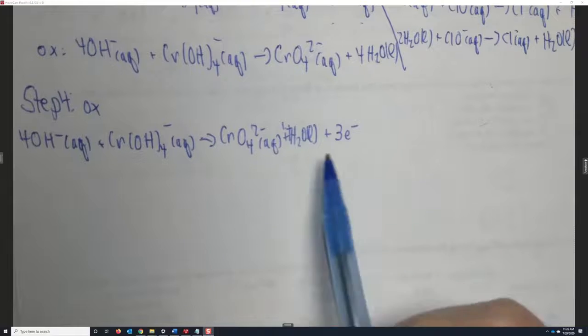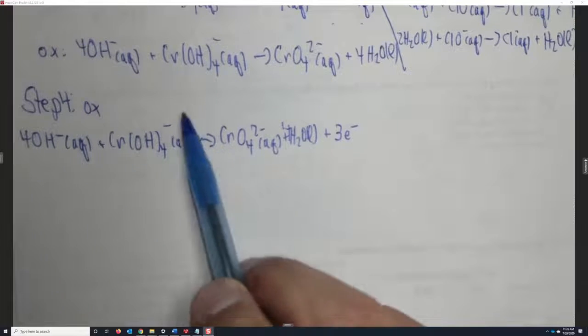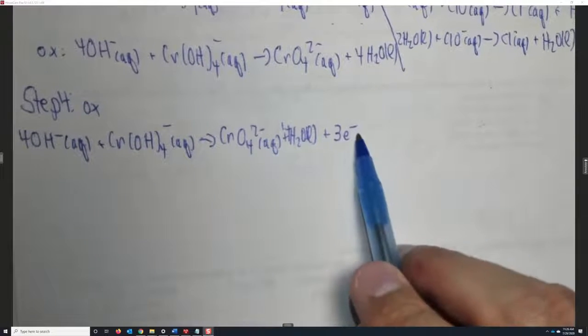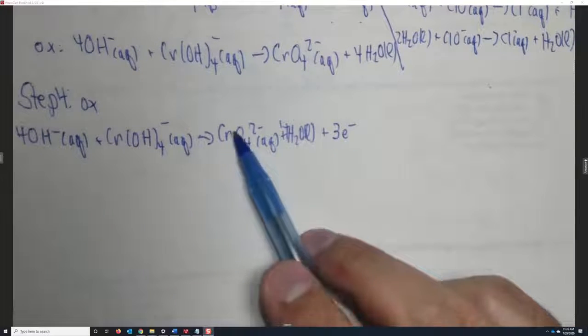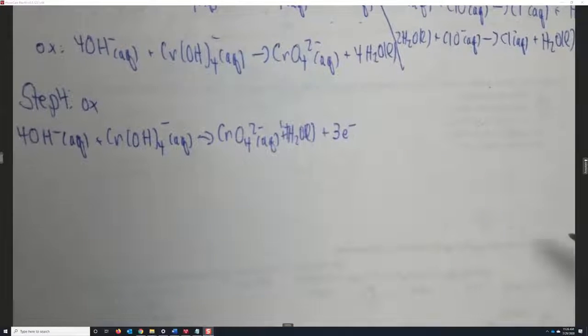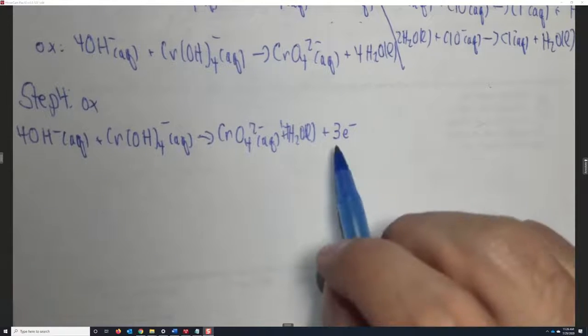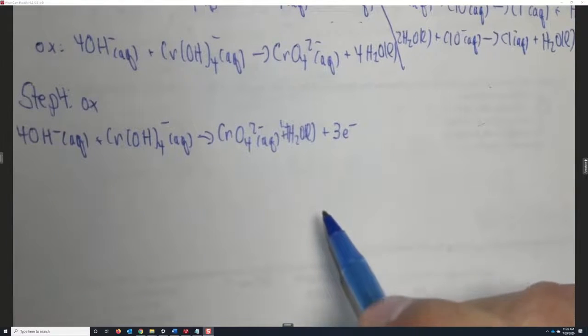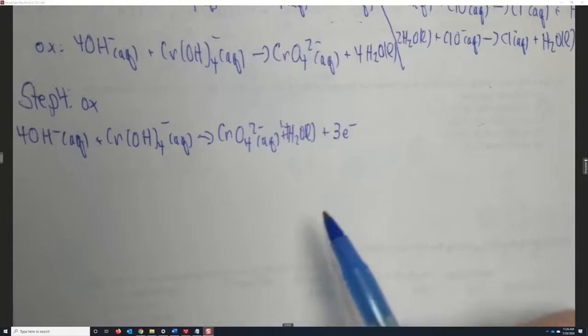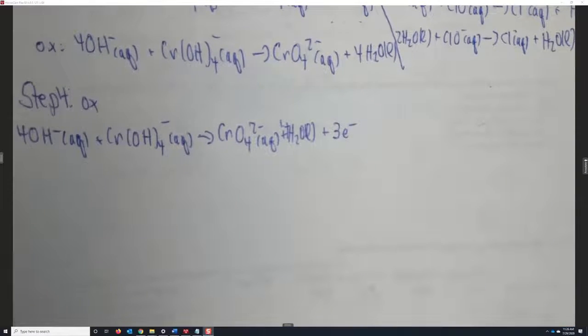So I now have 4 minus, 5 minus, 3 minus, 2 minus, 5 minus. So I've balanced the charges. Also note that for the oxidation reaction, LEO, losing electrons is oxidation. The electrons should be a product.